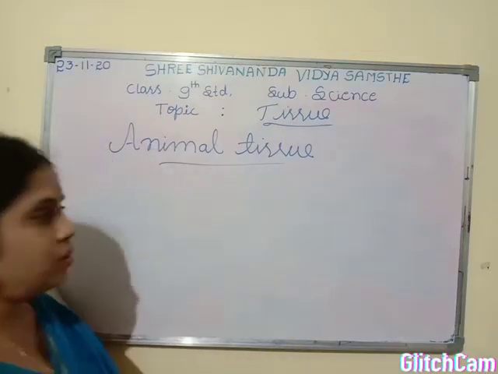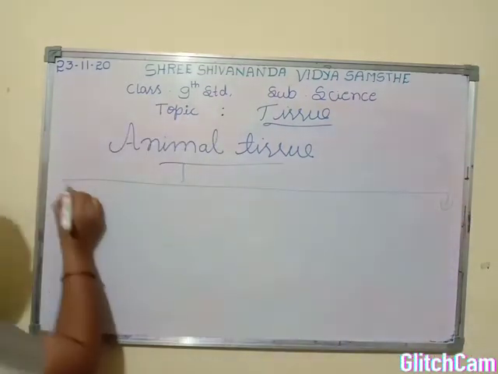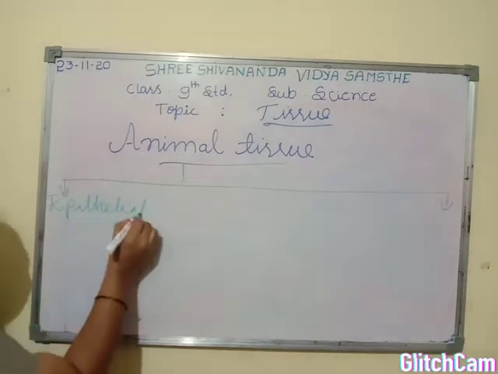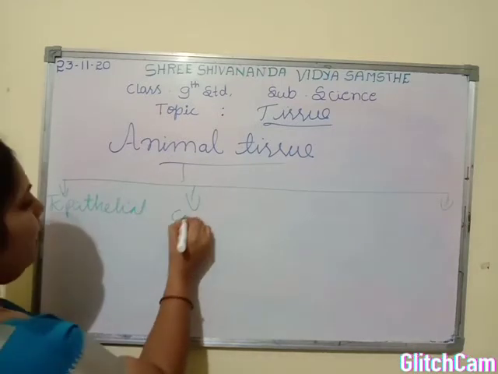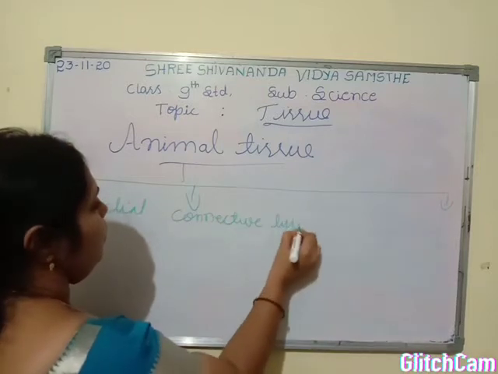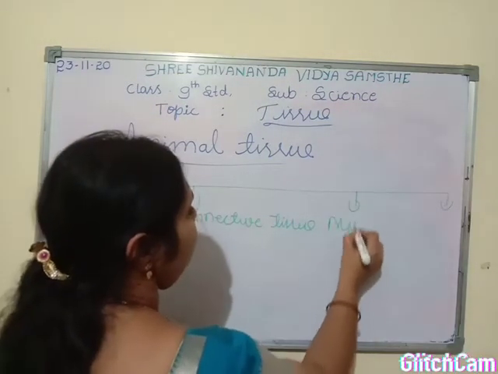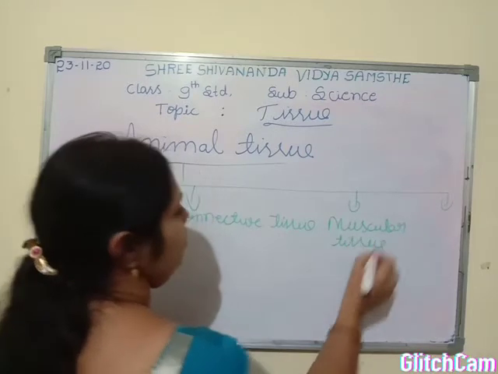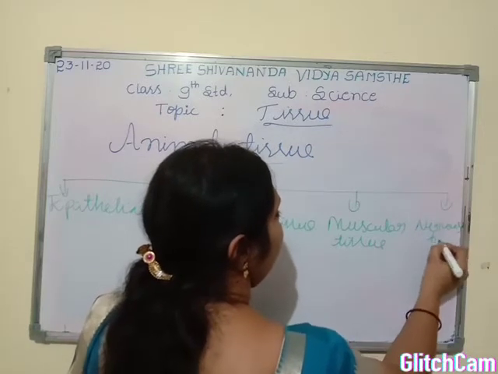Let us see what those types are. Note this down: epithelial tissue, connective tissue, muscular tissue, and the last one is nervous tissue.